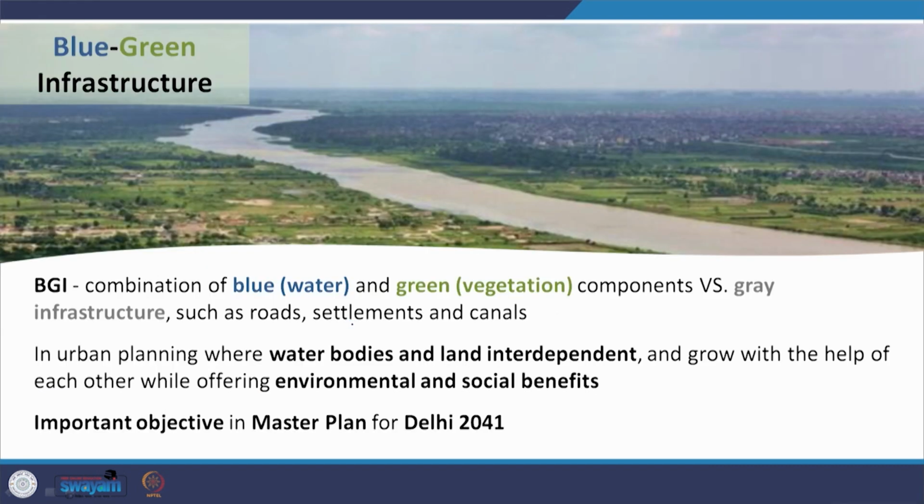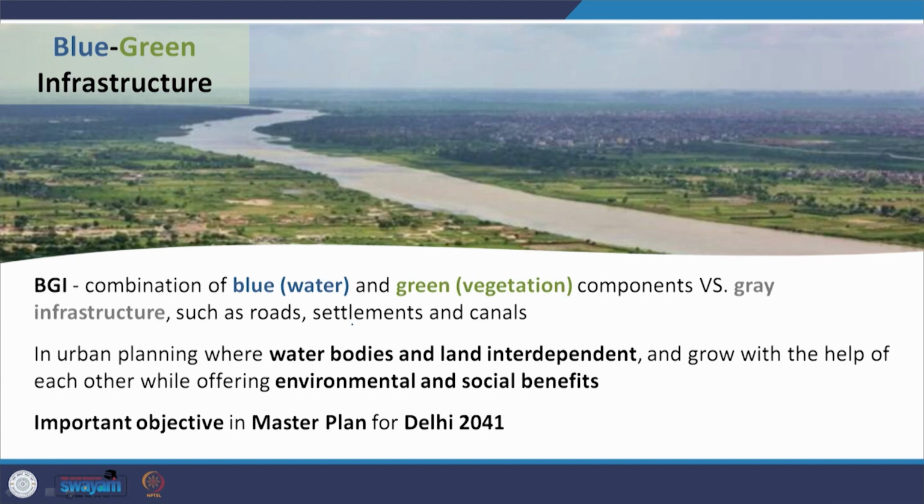Now I'm just deviating a little bit to come back to Sanghat and talk about right now the upcoming concept of blue-green infrastructure. I had to find a spot where I can bring this idea to you, because this is a contemporary idea that is being talked about in modern day urban design and planning, and in large scale projects. The blue-green infrastructure is a combination of blue, that is the water, and green, that is the vegetation components, versus the grey infrastructure of roads and settlements and canals.